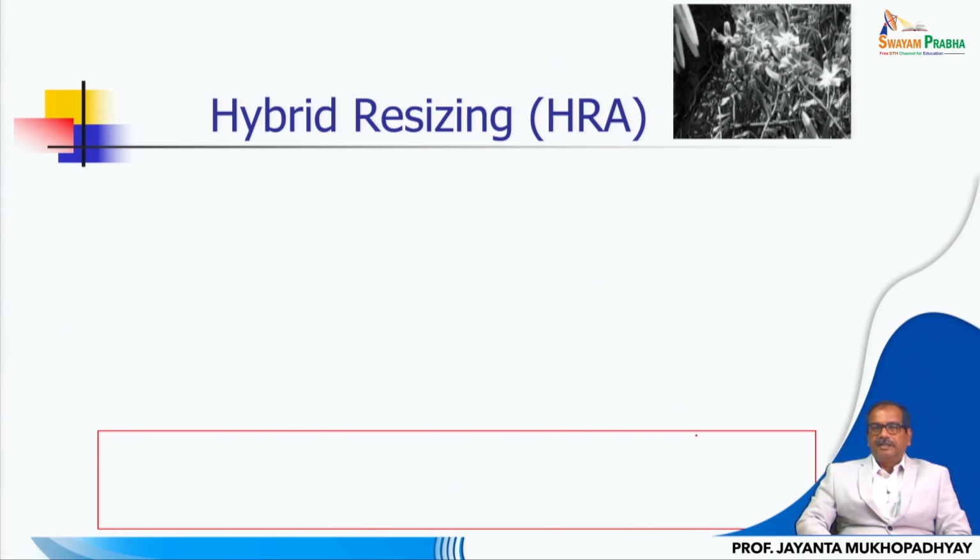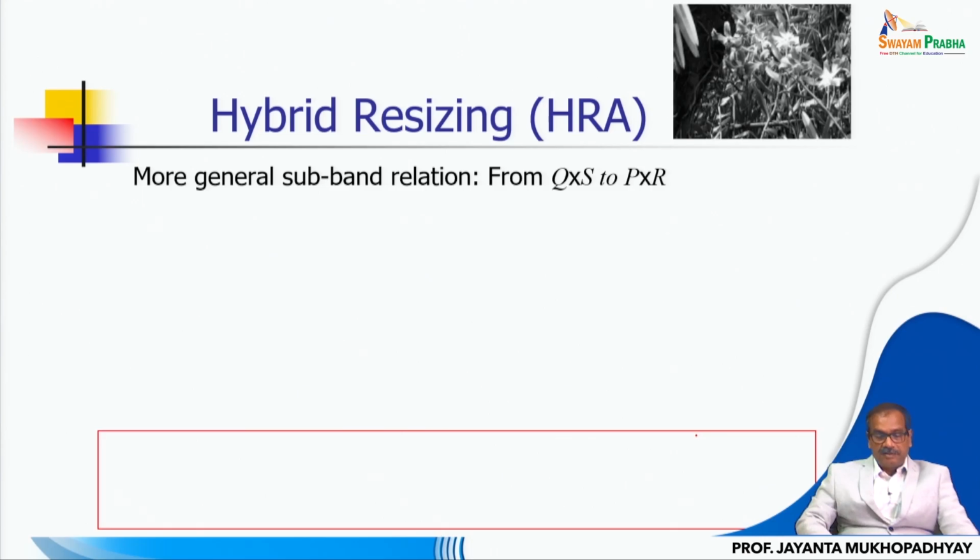The hybrid resizing algorithm considers a more general form of subband relation. So basically from Q cross S number of blocks, you are getting P cross R number of blocks. This is the first consideration. See, in the previous case, what happens?